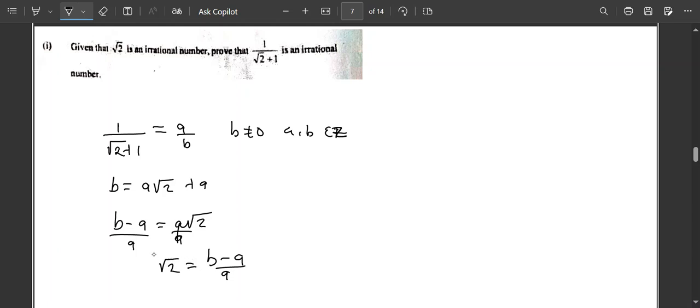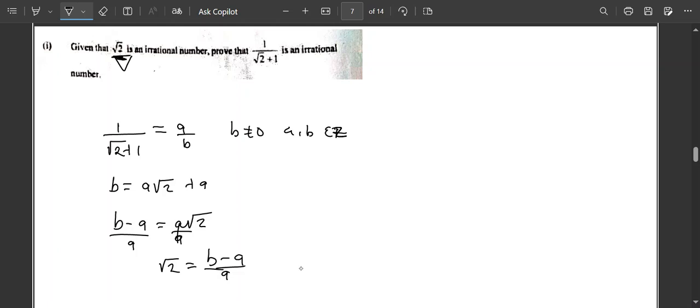So we can see that root 2, they said, is irrational, and this form is what we call rational. On the left we have irrational, and on the right, a and b are just numbers, so they make it rational. So this makes a contradiction to our assumption.